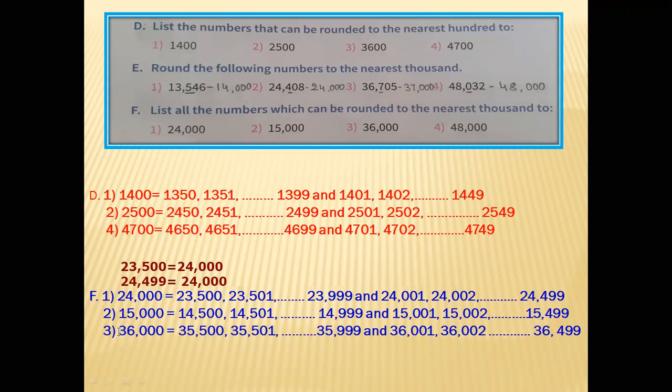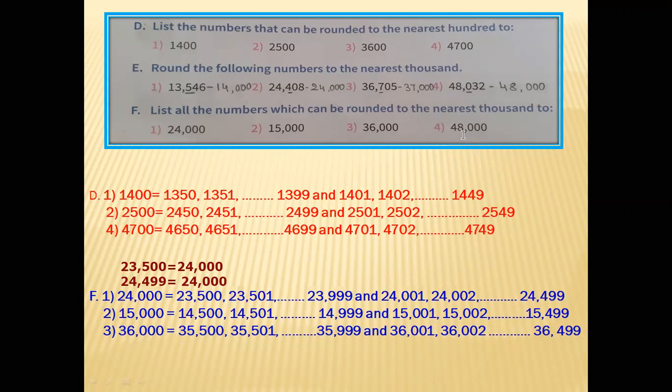Next, third one, 36,000. From 35,500 to 36,499. Okay, from this number up to here, 36,499. All these numbers are nearest to 36,000.